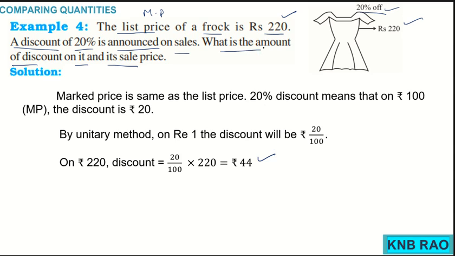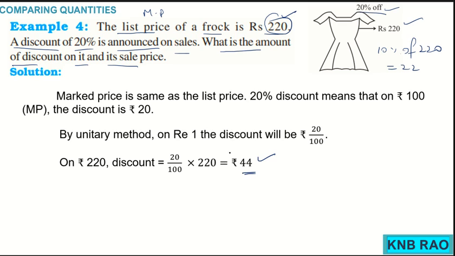If I am doing this orally, 20% means first I will find 10% of 220. 10% of 220 is just removing one 0. So 100% is 220, and 10% of 220 is 22 rupees. So 20% means double of 10%, that is rupees 44.